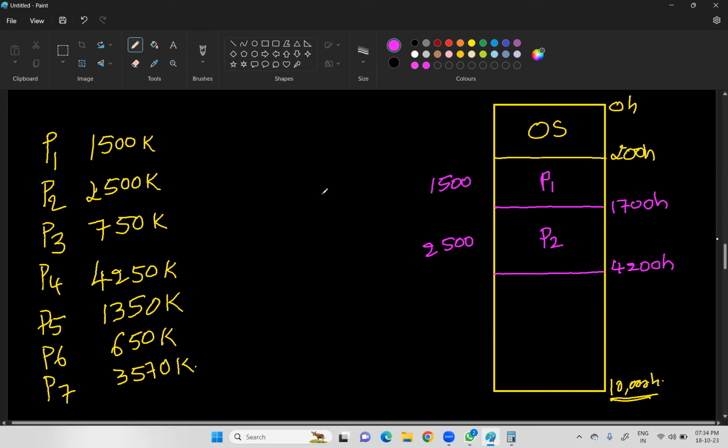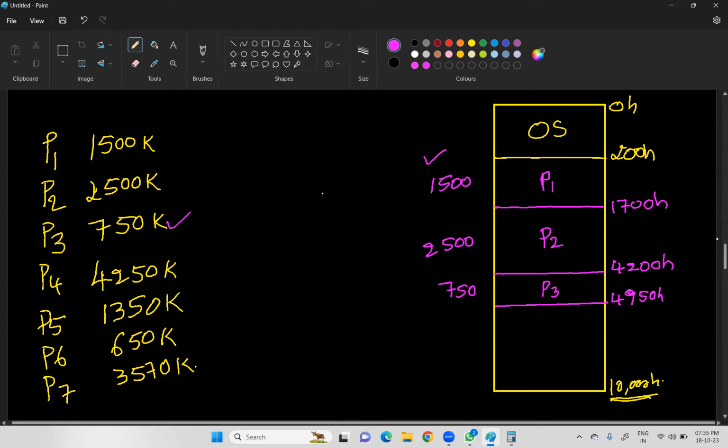Then 4950, because process P3 starts at 4200 and 750 is required, so 4950 H will be the final address of process P3. The size of this is 750. Whatever size you have given by the process size, the same size will be mentioned at this place.